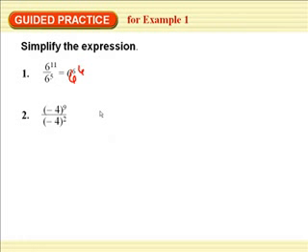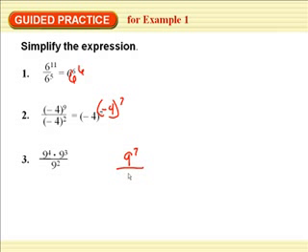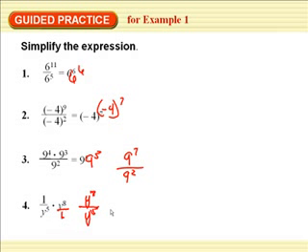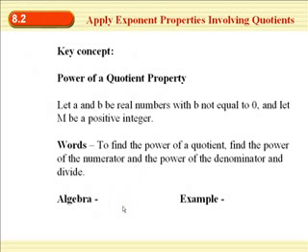This is going to be negative 4 to the 7th, because 9 minus 2 is 7. We'll simplify the top. That's going to be 9 to the 7th over 9 to the 2nd, so it's going to be 9 to the 5th. This is like that one example, put a 1, so you're going to have a y to the 8th on the top over y to the 5th. Subtract, it will be y to the 3rd.